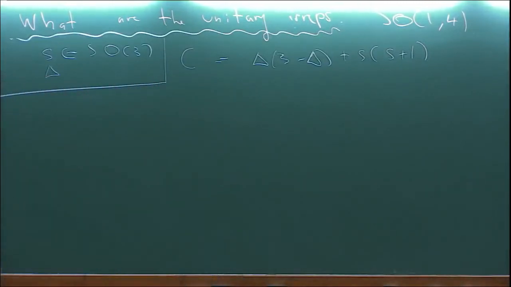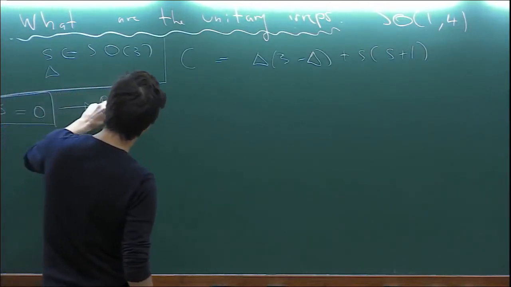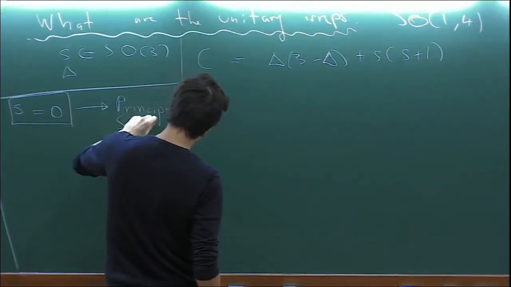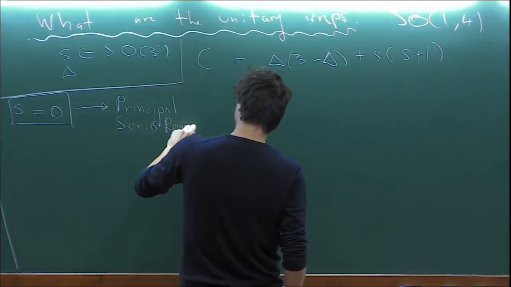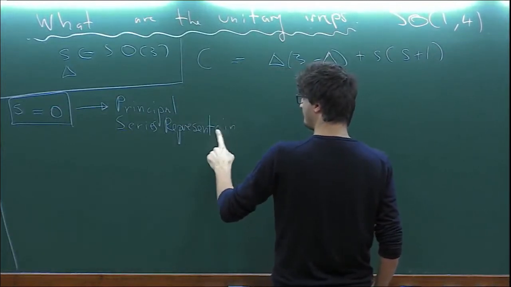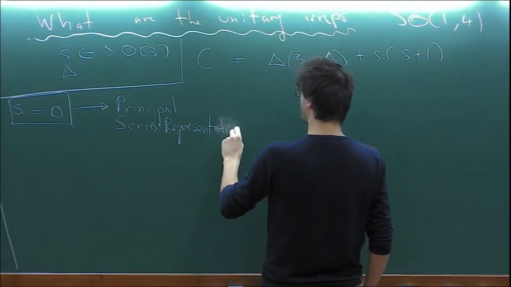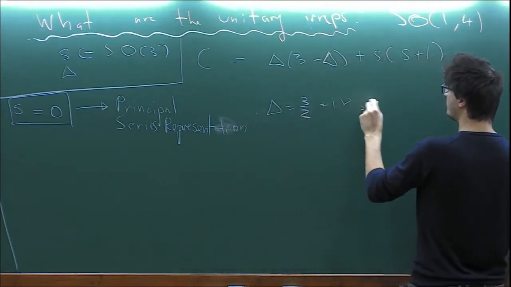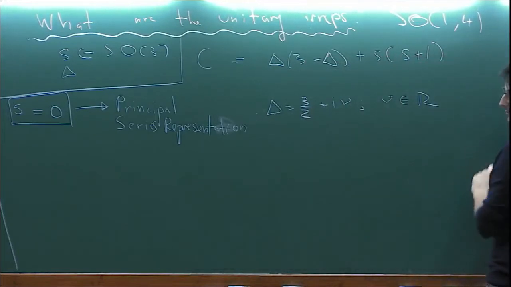Now, the representations. Let me first talk about the representation theory for spin 0. The representations come in different branches. There are 3 branches of unitary irreducible representations. One is known as the principal series representation, for which delta is equal to 3/2 plus i nu, where nu is any real number.